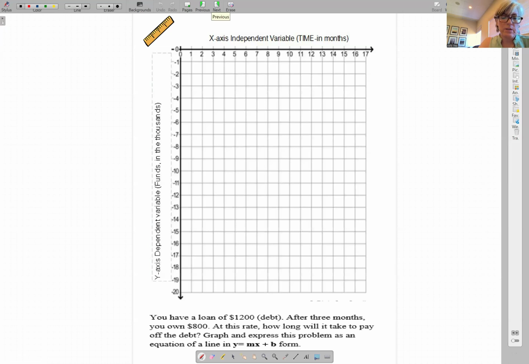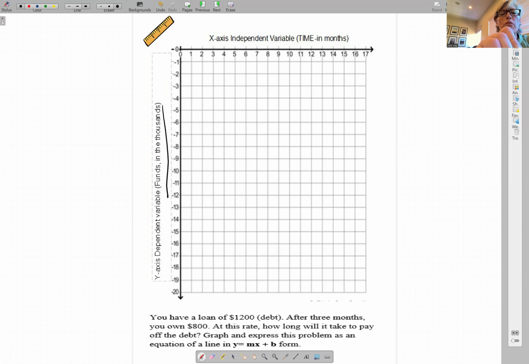So come over here, let's graph that. All right. So here's our months, our time. Here's our variables, and the funds are in thousands. So this is 1,000 right here.